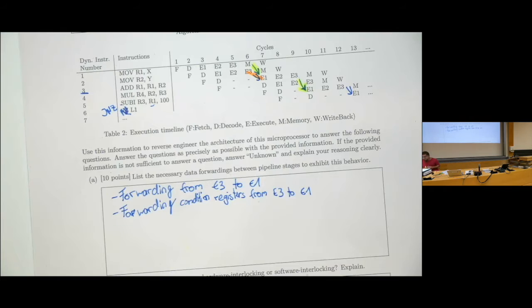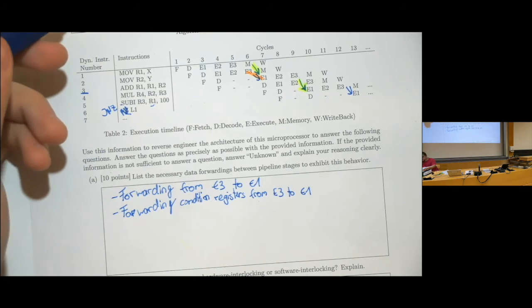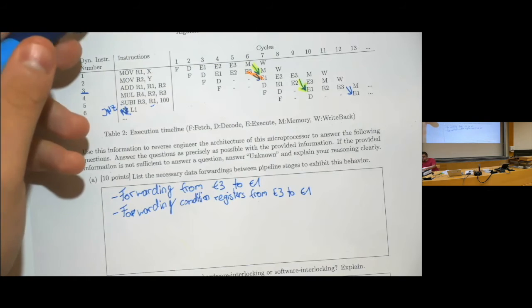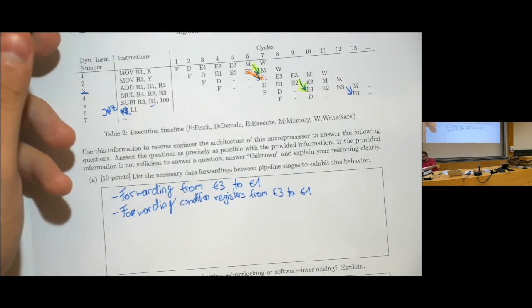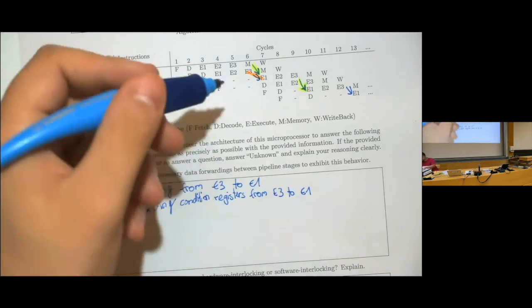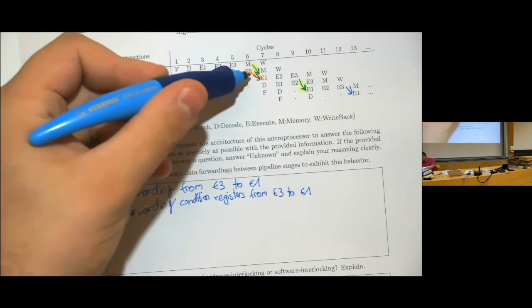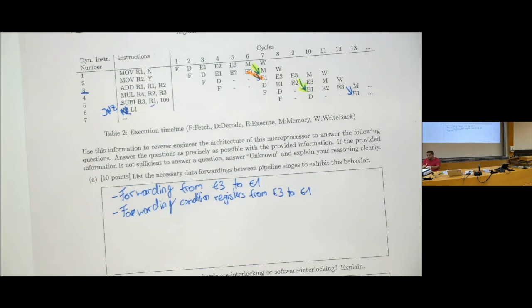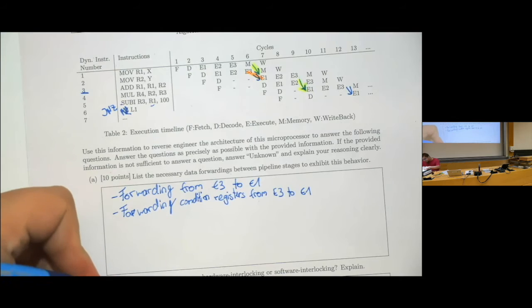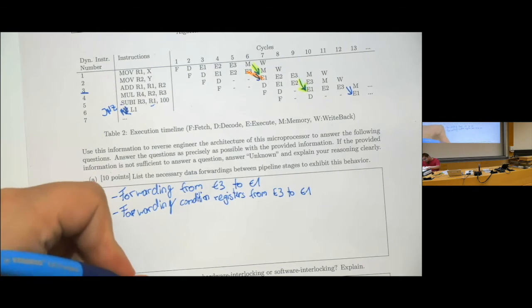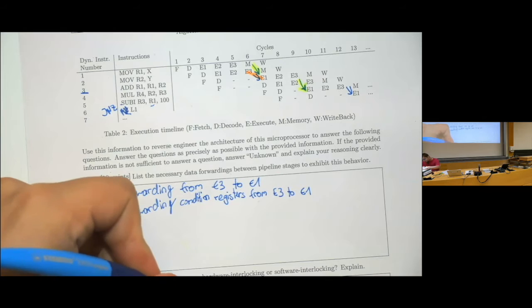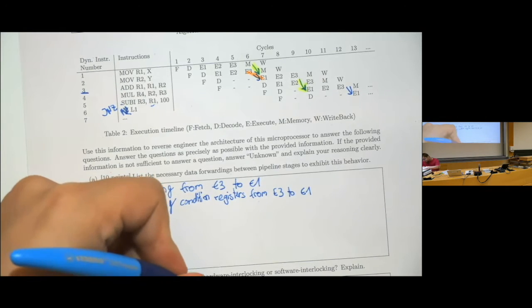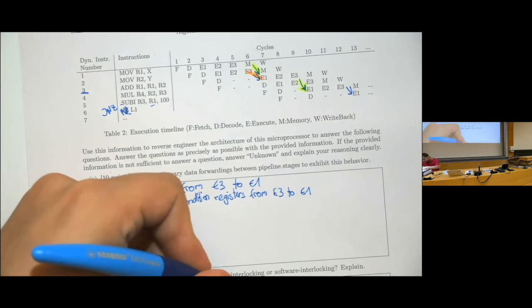Great. All right. So does this machine use hardware interlocking or software interlocking? Well, software interlocking would be that there will be some kind of no ops in the assembly code. Hardware interlocking here means that the machine automatically detects that there are data dependencies and it automatically stalls until it can resolve these data dependencies. So there is hardware interlocking because of two reasons.